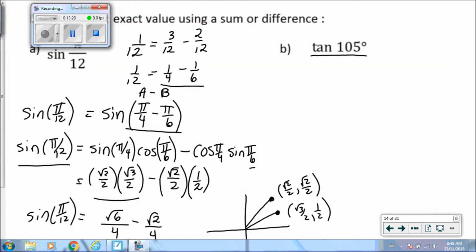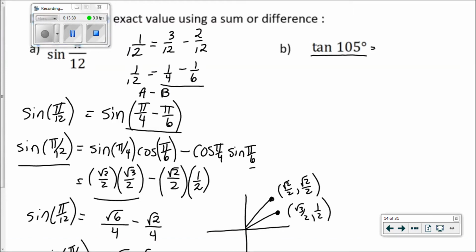Okay, the angles that I've chosen in this case are 45 and 60. So I did the tan of 45 degrees plus 60 degrees. And now I'm going to use the tangent sum identity on my sheet.